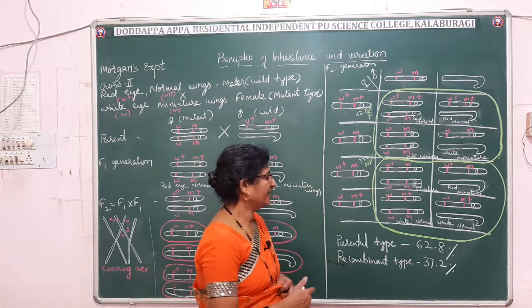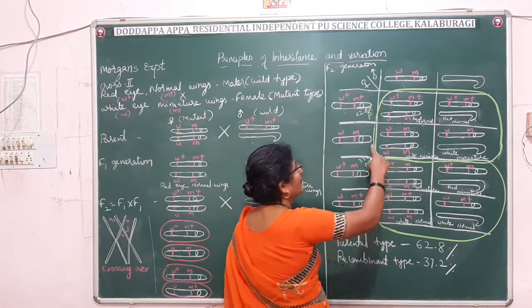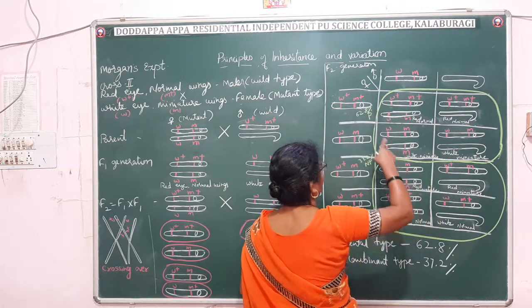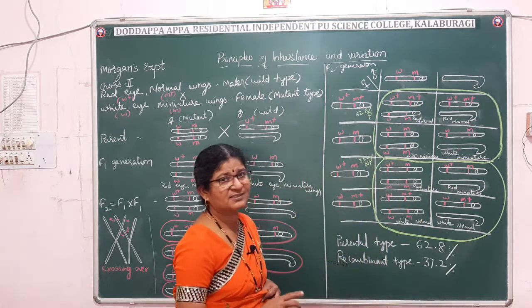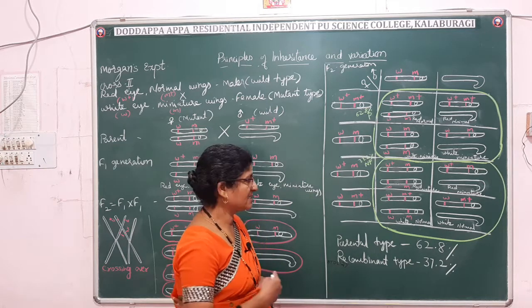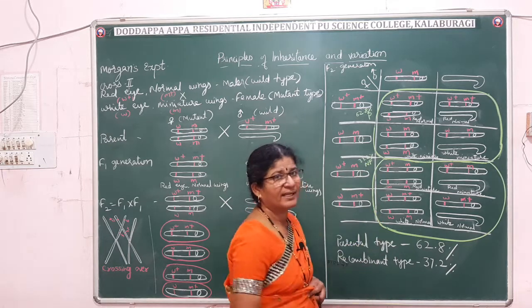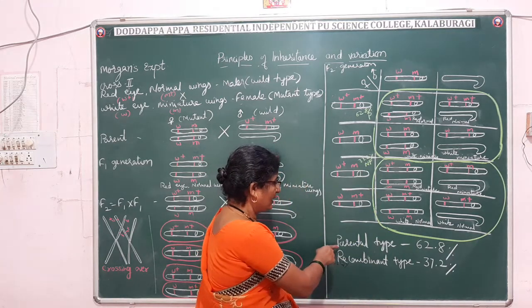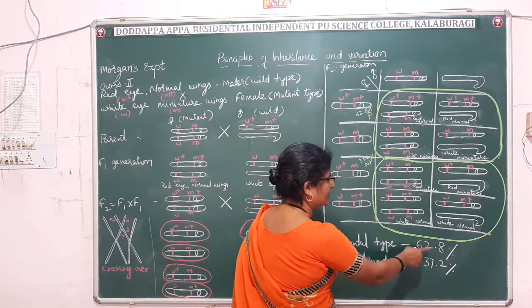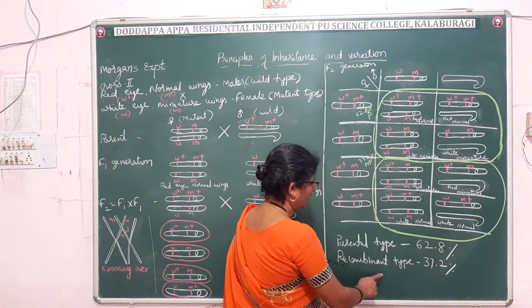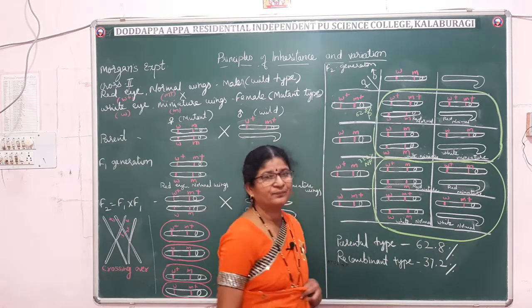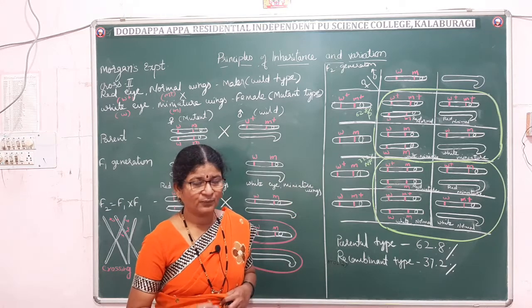What percentage did he get of the parental variety? Parental variety he got 62.8% among the 100, and the rest, that is 37.2, he got as non-parental varieties. That is, parental varieties 62.8 and recombinant varieties 37.2%.